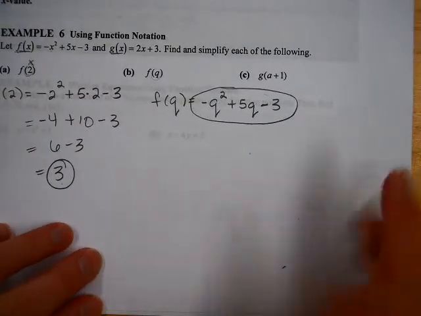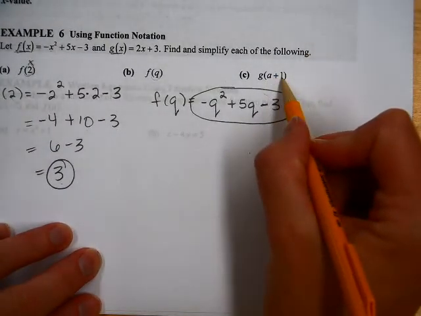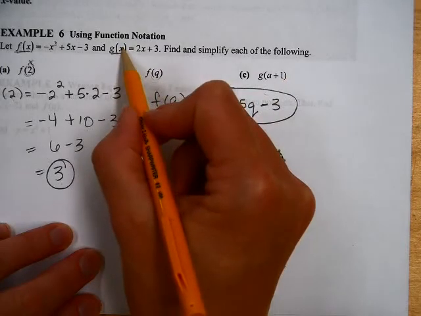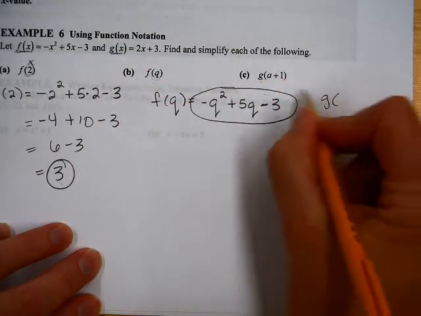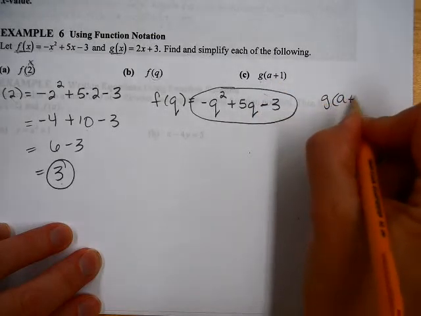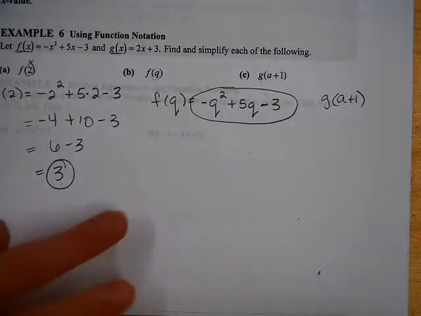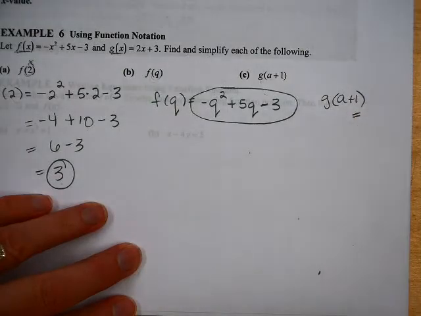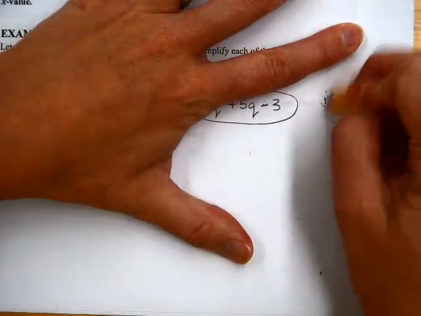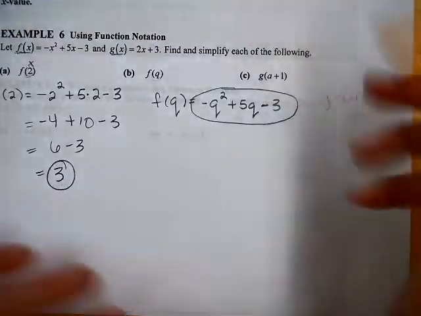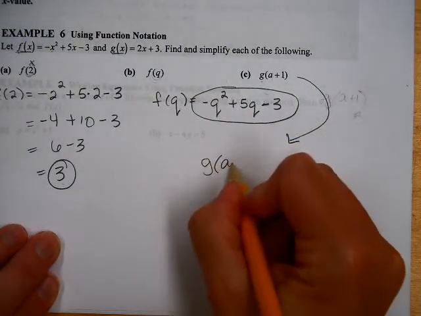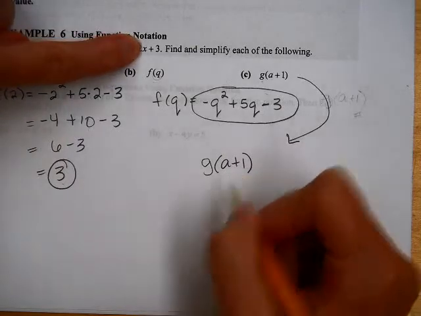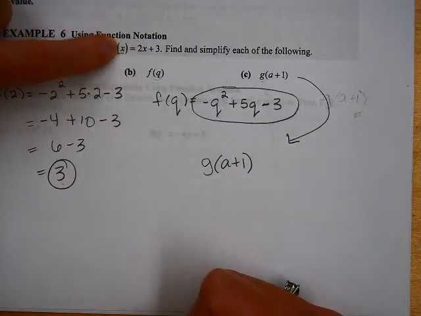In C, they're wanting us to put a plus 1 in place of x in g. So everywhere I see an x, I want to put a plus 1. Hold on, let me come down. I don't think I'm going to have enough room. So g of a plus 1, put an a plus 1 where you see this x in g.